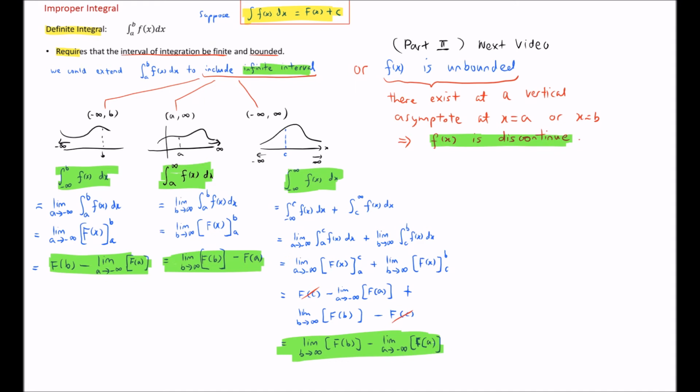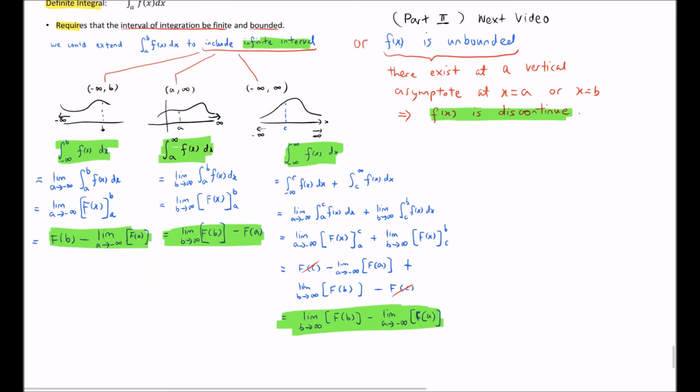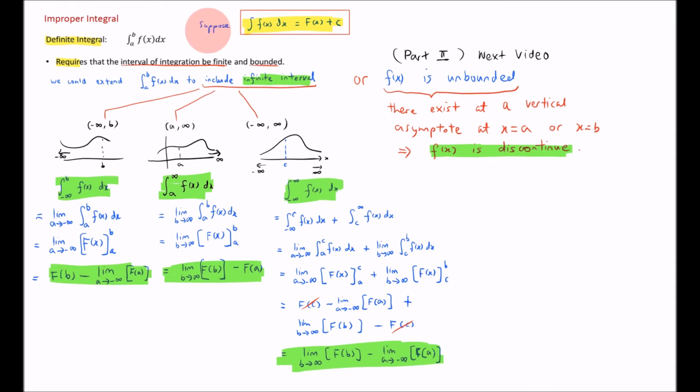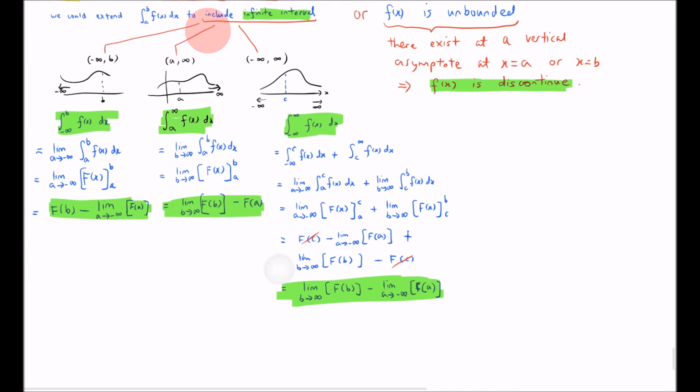So first I will go into infinite intervals. Let's go to the first example of infinite intervals for improper integration. Before we go to the example, I would like to stress that to find all these limits that involve infinity, you may need to use L'Hopital's rule.